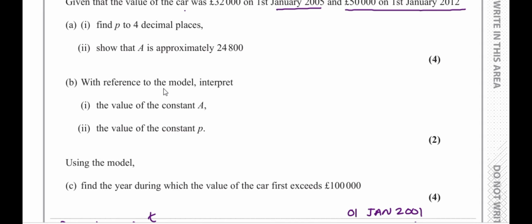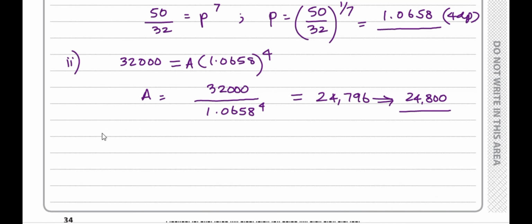Part B. With reference to the model, interpret the value of the constant A and the value of the constant P. So we need to interpret it. So let's write the equations once again. So B part I. So we know that V is equal to A 1.0658 to the power of T, right?